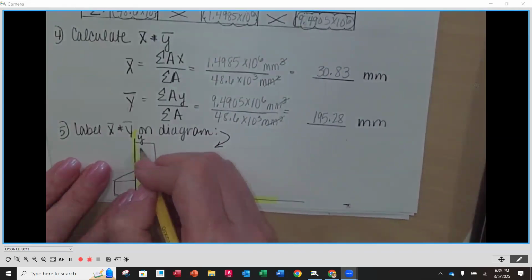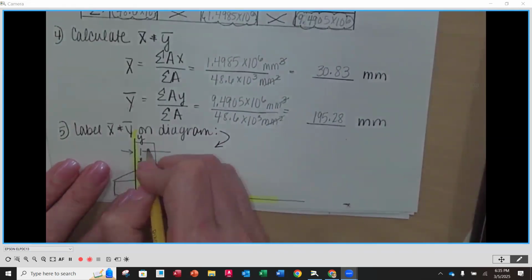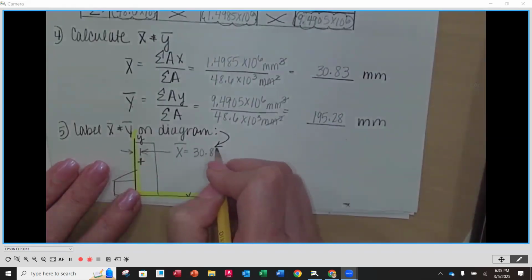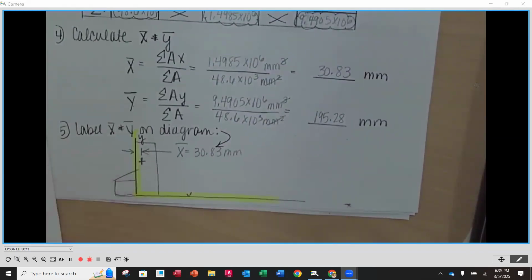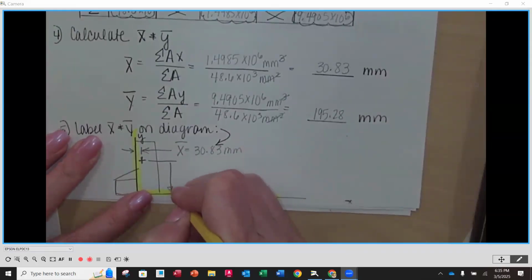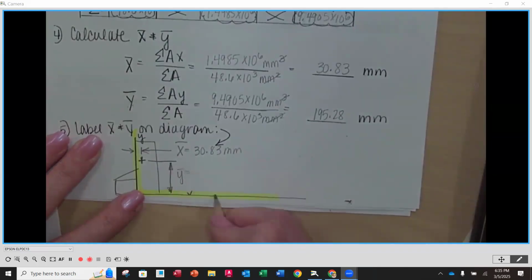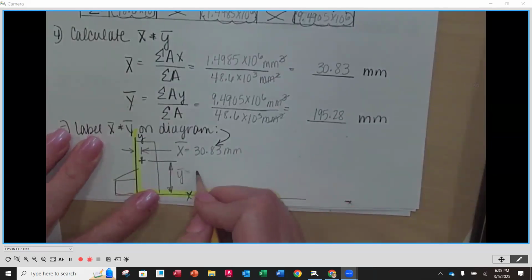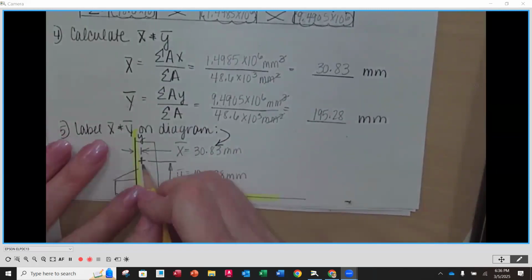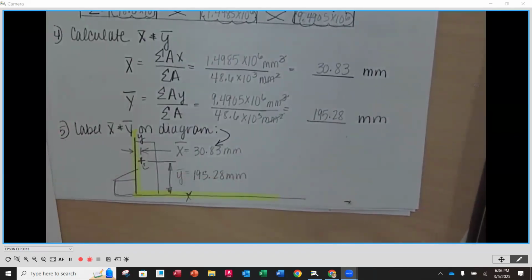And that means that our X bar, which is equal to 30.83 millimeters, is going to be on the right-hand side of that Y axis. And then our Y bar is going to be up from what would be the X axis. And that's going to be 195.28 millimeters. And then this would be your centroid.